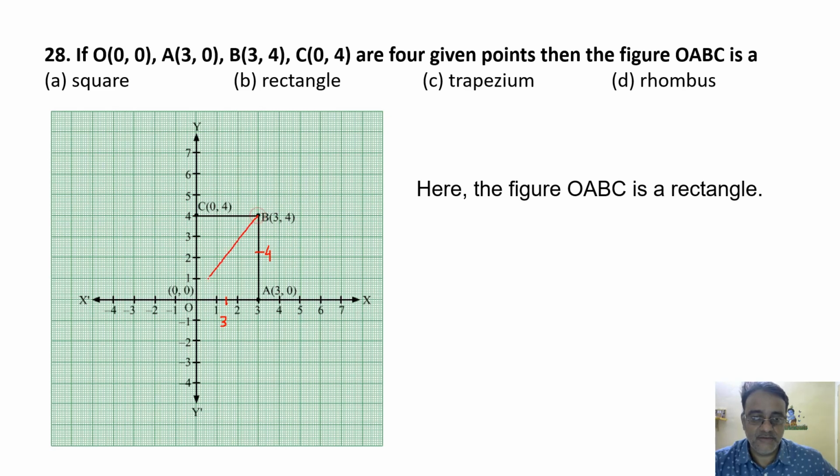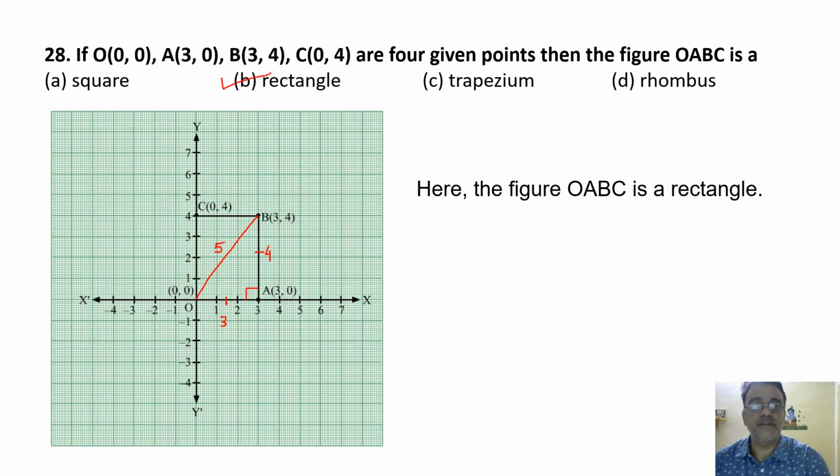OB को join कर दो, right? And this is a right triangle, 3, 4, 3 4 का पाइथागोरियन ट्रिपलेट क्या होता है? 5, right? So the length of diagonal is 5. Question is clear? Yes, sir, we can form so many questions here, right? So the correct option is B here according to the given question.